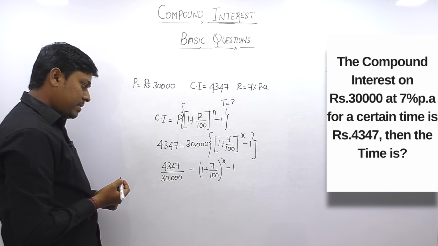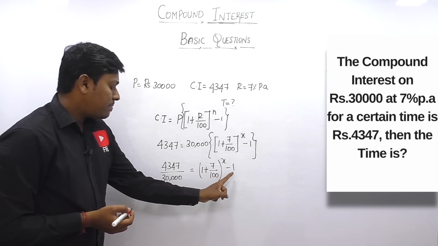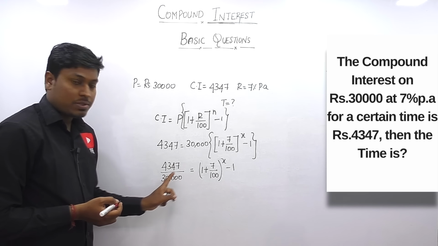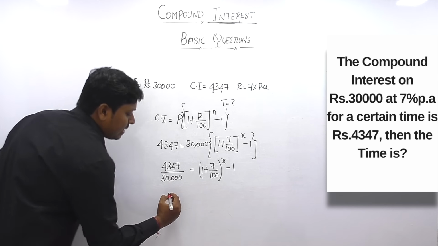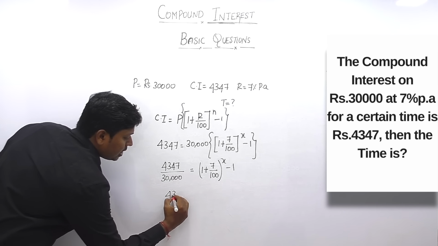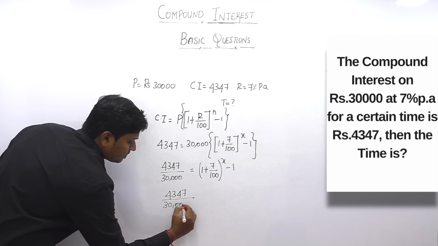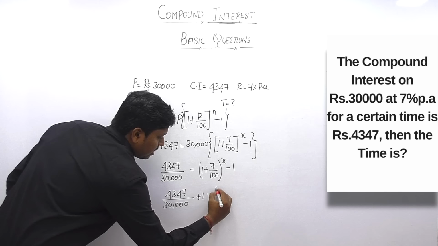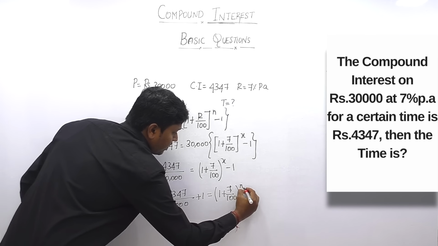And next step, we can bring this minus 1 towards left hand side. So when you bring this minus 1 towards left hand side, it becomes plus 1, right? So finally this can be written as 4347 divided by 30,000 plus 1 is equal to (1 plus 7 by 100) power n.